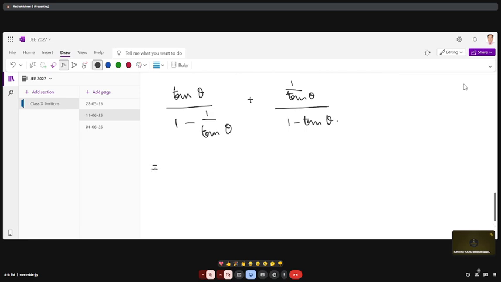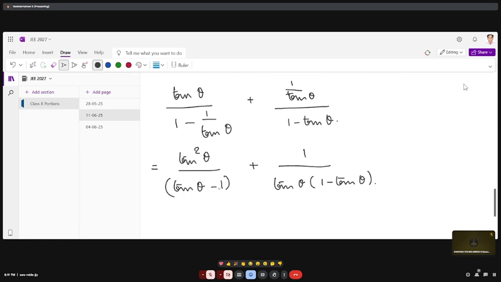So multiply this first ratio by tan theta; every time you have to multiply by tan theta. Then it will become like this, right? Tan square theta by tan theta minus 1. This will become 1 by tan theta, like this.